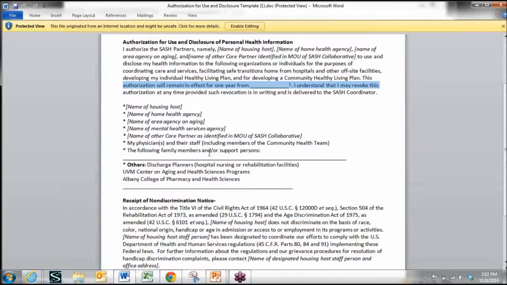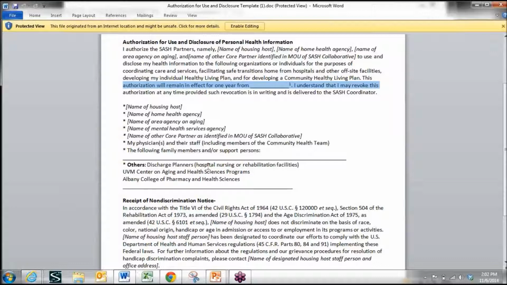Importantly in this conversation, there may be specific family members that they don't want you to share information with. You want to get that as well, and you want to be very clear that it'll only be the family members that they provide you names for that you will be sharing information with. So you want to make sure you get that information clearly written down.